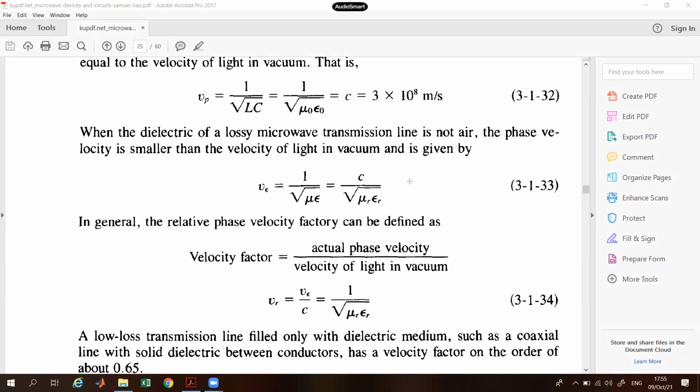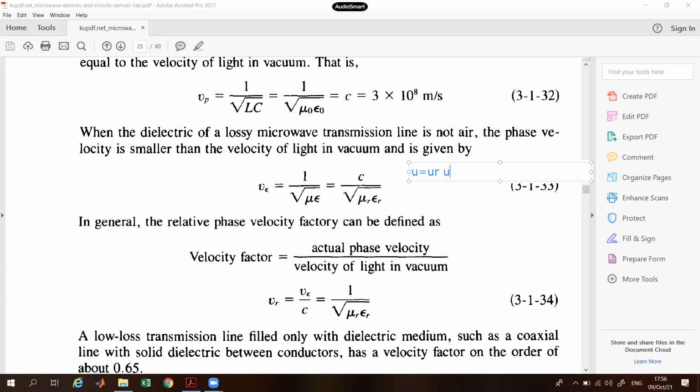So if you see that, we can say that mu is equal to mu r into mu naught, where r is relative to the medium.